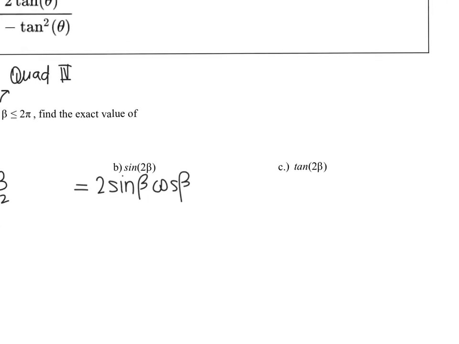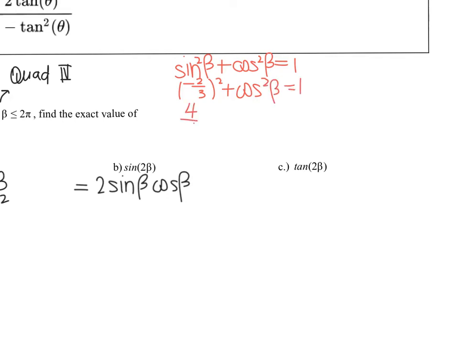We're going to use the fact that sine squared of beta plus cosine squared of beta equals 1. So we know sine is negative 2/3, so negative 2/3 squared plus cosine squared of beta equals 1.